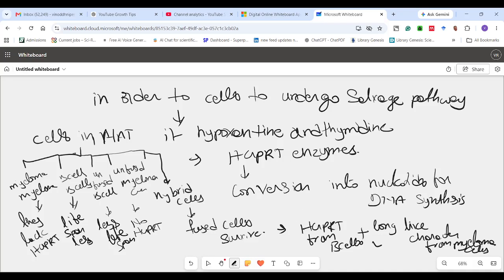So they are long lived and can synthesize DNA through the salvage pathway using hypoxanthine, thymidine and the HGPRT enzyme.